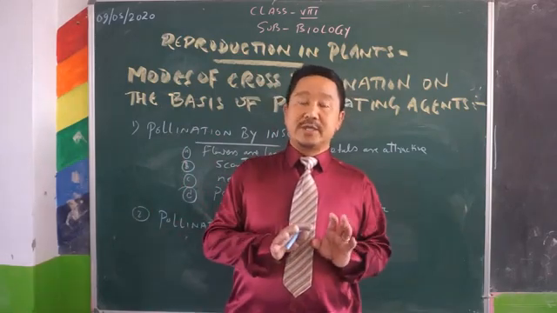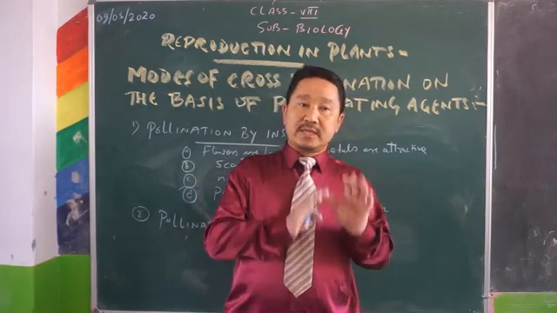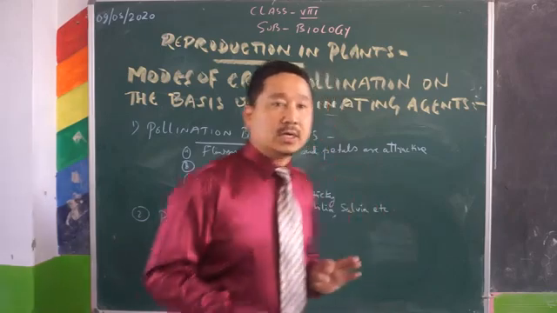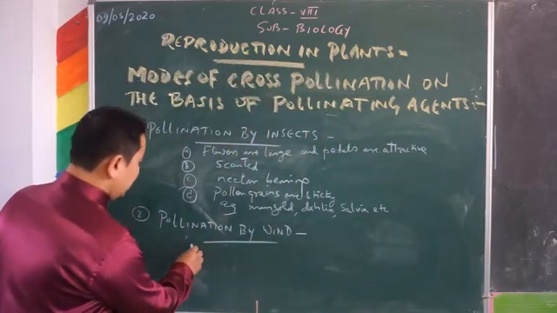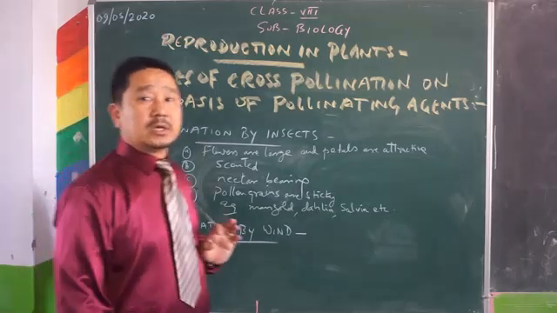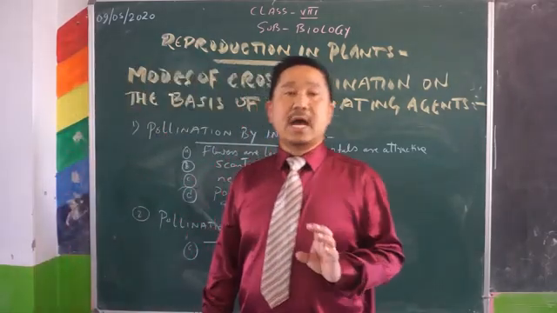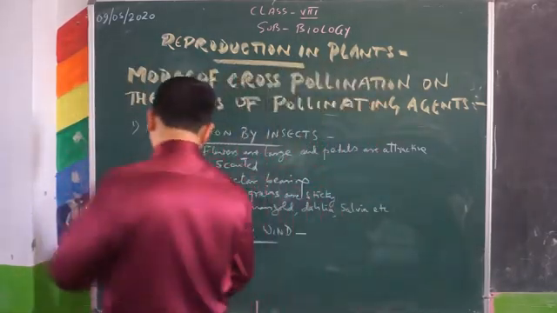So what are the properties which make them able to do so? They have some properties here. See, number one, the flowers are small and with dull color.